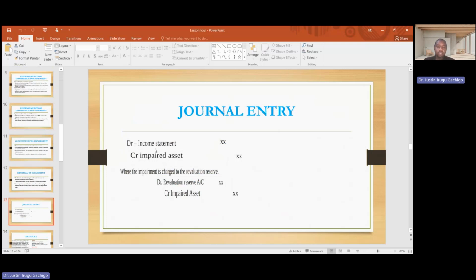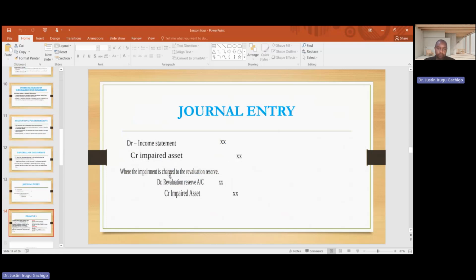If you impair the asset, you debit the income statement with the impaired amount, then you credit the impaired asset in the balance sheet. When the impairment is charged to the revaluation reserve, you debit the revaluation account and credit the impaired asset. So you can use either of these two treatments.